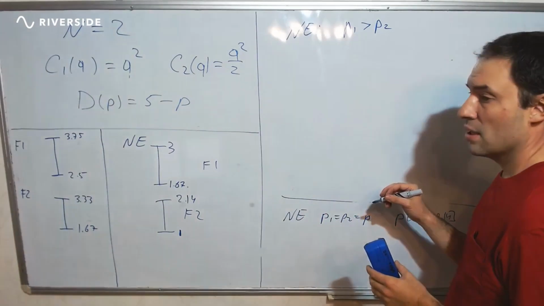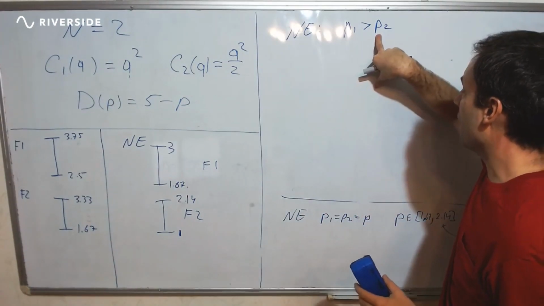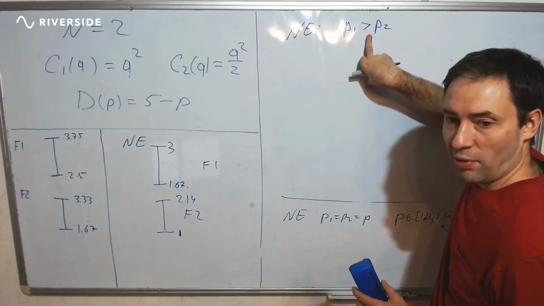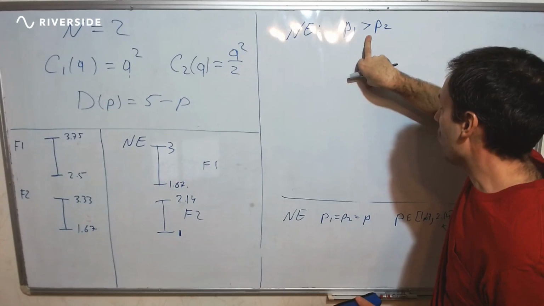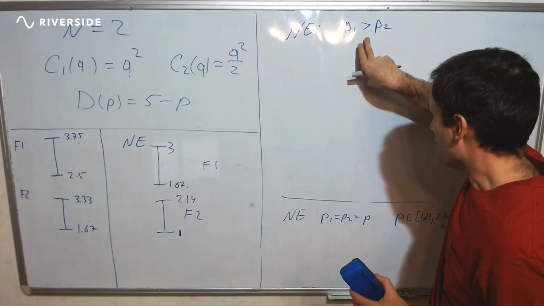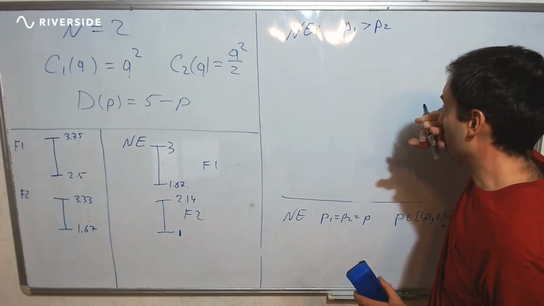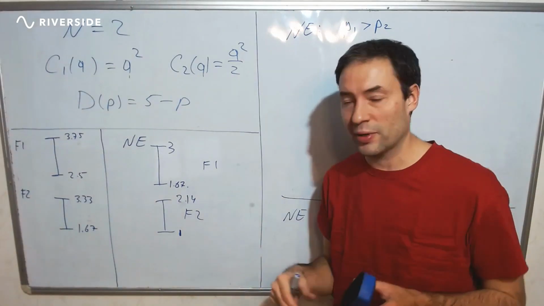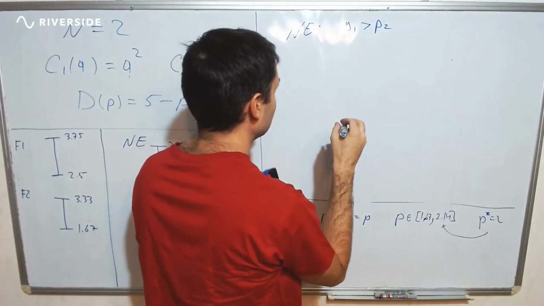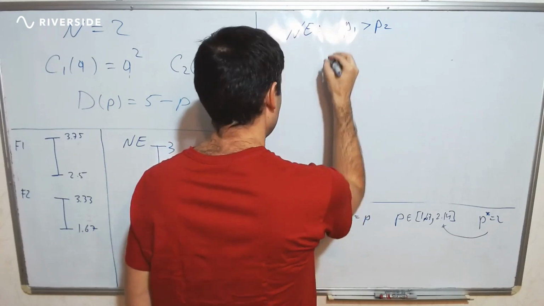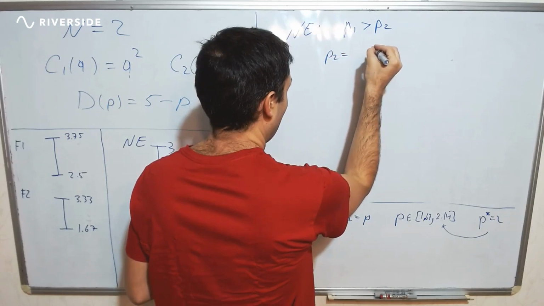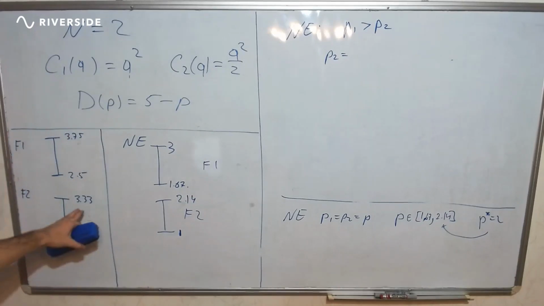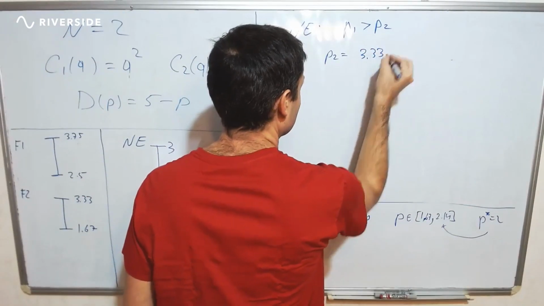So for firm 2, notice that firm 2 charges some price, and since it's below P1, it can simply increase its price, and usually it will lead to an increase of its profit. So for it not to have an incentive to increase the price, it has to already be sitting at its monopoly price. So the only possibility for firm 2 not to be deviating here is when P2 equals its monopoly price, which is something we found before, 3.33.